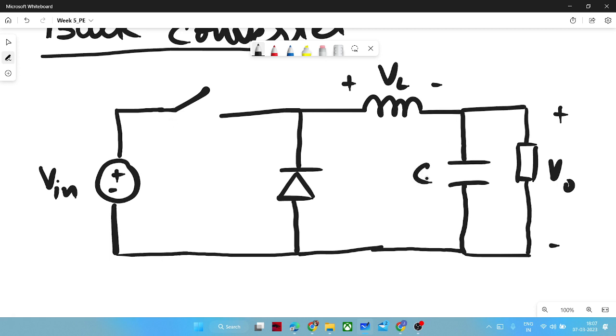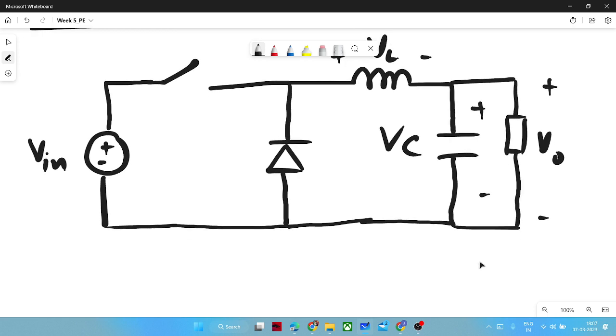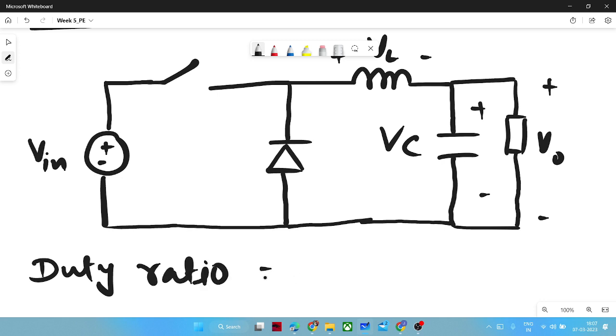And certain parameters which are generally defined here. First parameter is duty ratio. Right? So duty ratio is nothing but, it is denoted as D, and it is the ratio of the turn on period of your switching pulses.